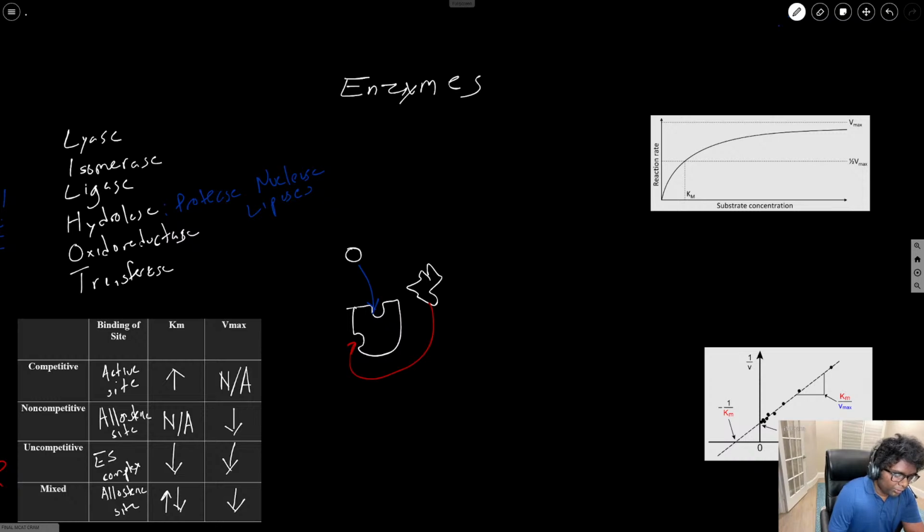So moving forward, this is Michaelis-Menten, this is Lineweaver-Burk. That's a bit big, I don't want to waste a lot of space. I'm going to write the equation too.